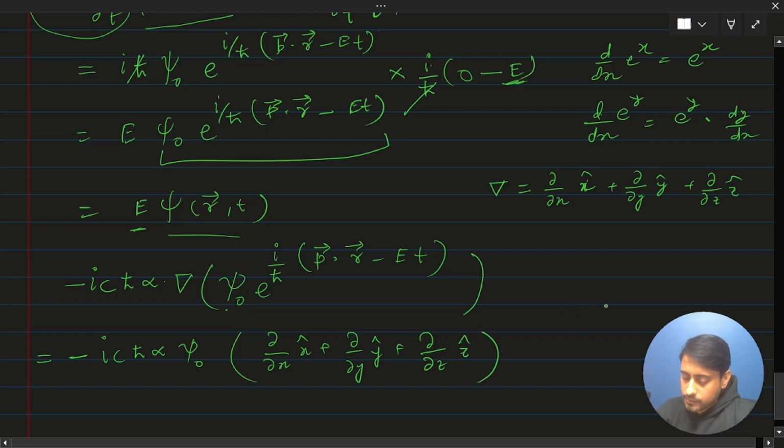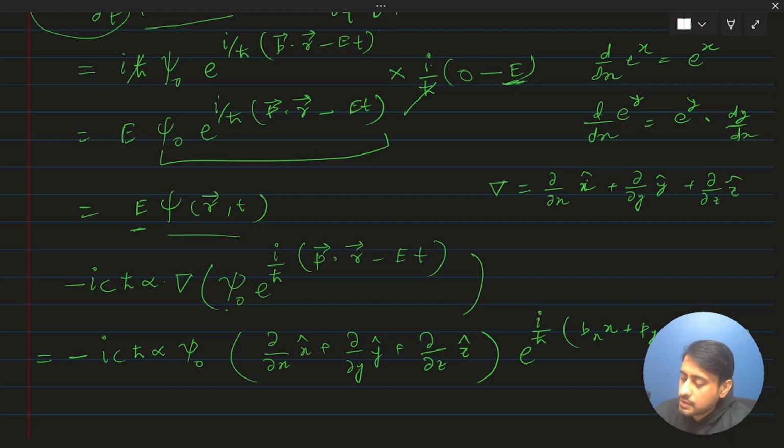So this is the nabla, and it will act on this expression, e to the power i over h bar. Now what we are going to do is write this p dot r as px into x plus py into y plus pz into z, because this is a dot product, so it will resolve into the multiplications of the components, and then minus Et.